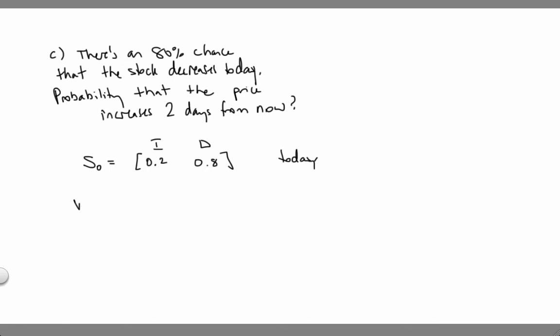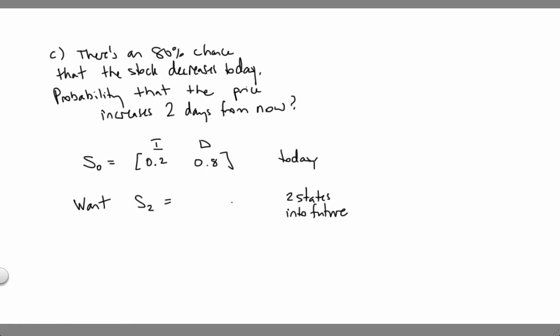Now let's think about what we want. We want to know what's going to happen 2 days from now. Our time interval in this problem is a day. So when we say 2 days from now, that means we want to look 2 states into the future. And the symbol you would use for that is S2.